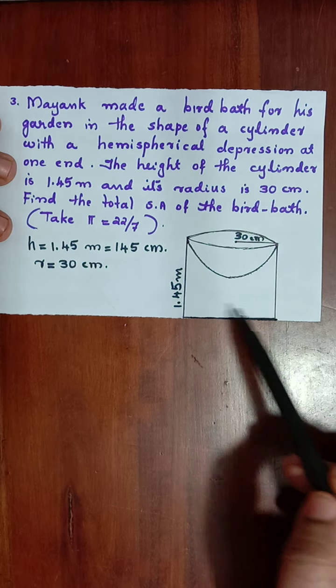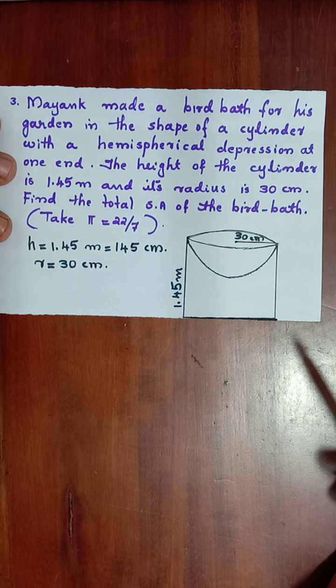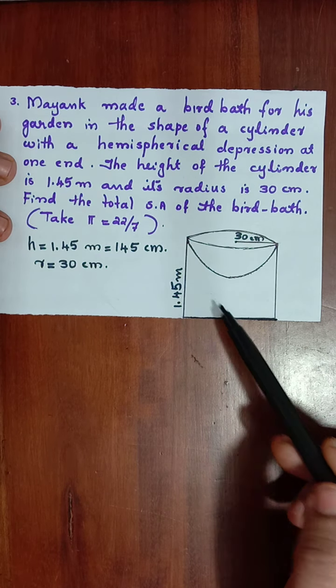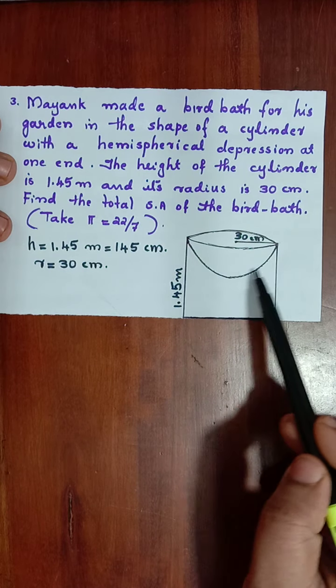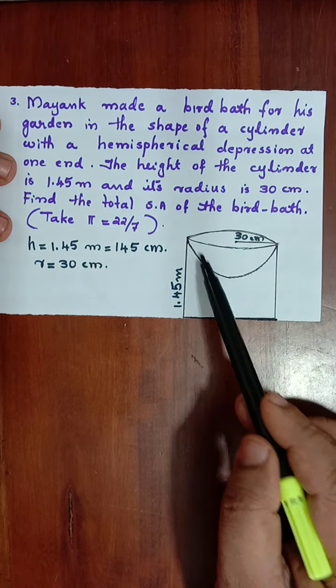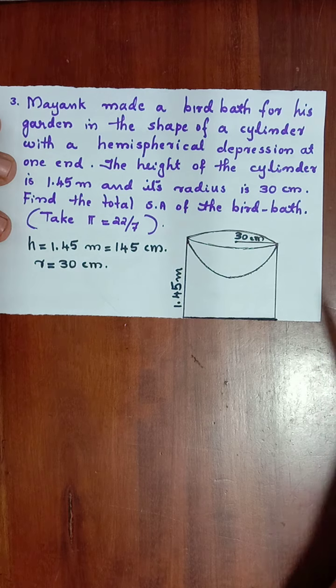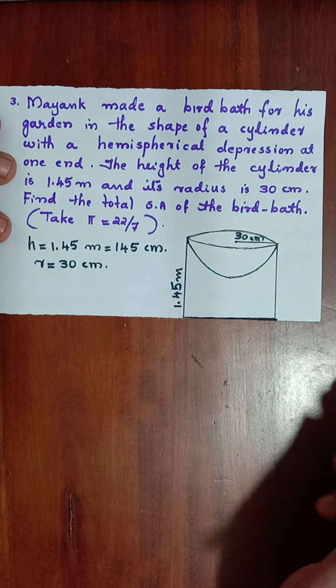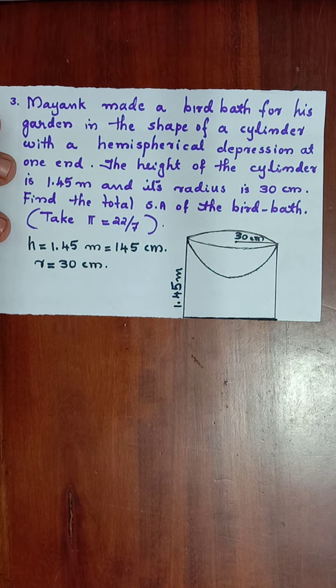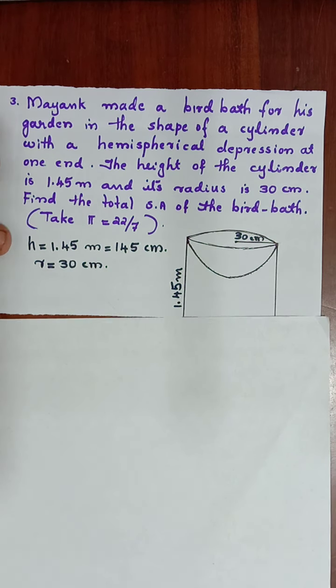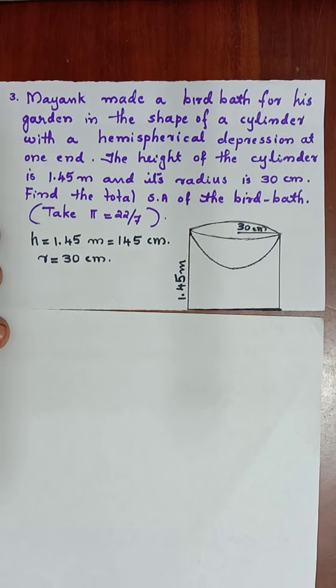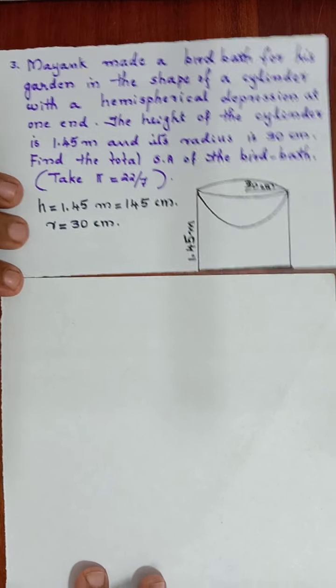It is the CSA of the cylindrical portion, curved surface area of cylinder, and the depression portion which we see, that is CSA of the hemisphere. These two things we have to find out. Sum of both, that is CSA of cylinder plus CSA of hemisphere. So let us write the formula and we will substitute.